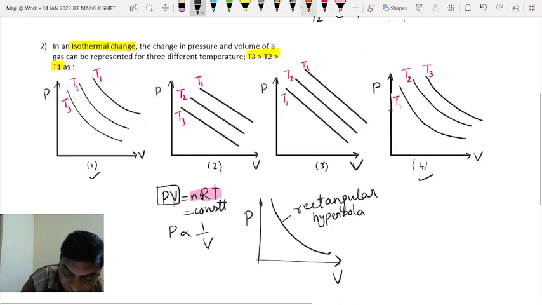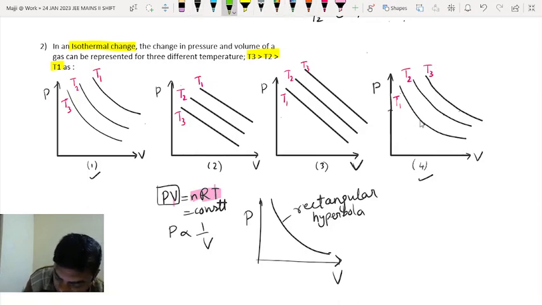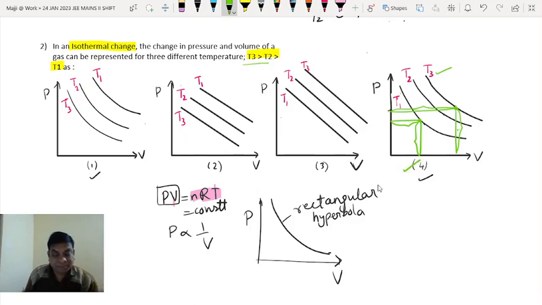If you choose certain points on this graph, corresponding to T1, look at the volume and pressure. If you multiply, you will get less value. Whereas corresponding to a point on this curve, both volume and pressure are more, so the product will be more. So T3 must be more, and that is correct. So this should be the correct answer.